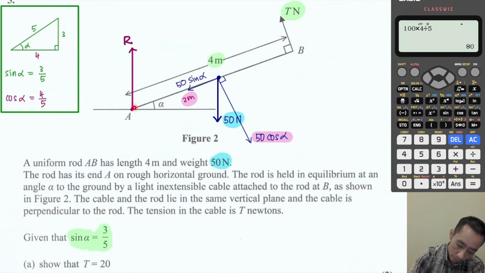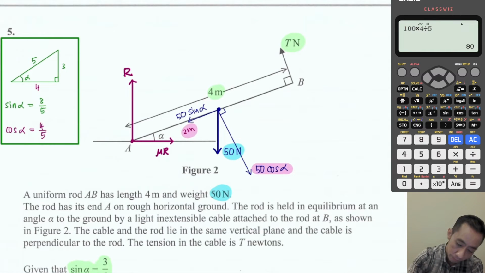The rod might slide this way, so here we have the friction, which is mu R. Then after that, look at this T here. This T, I will resolve into two directions, the direction here and the direction here.